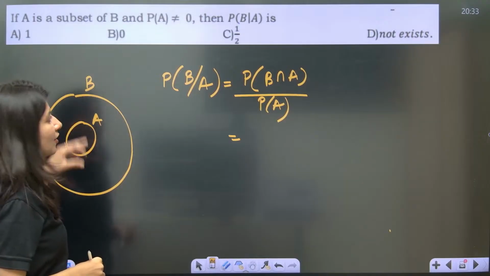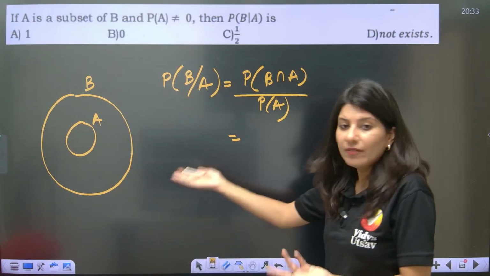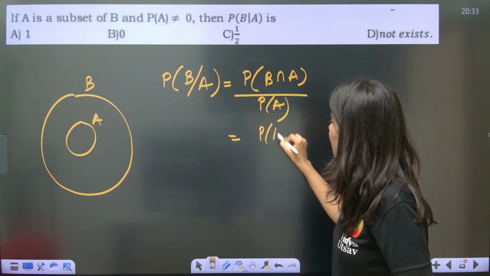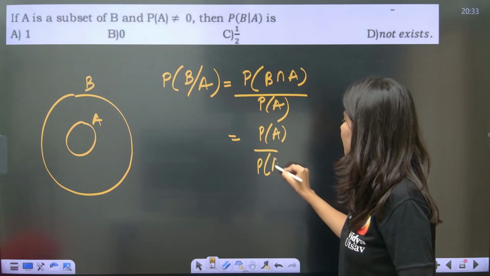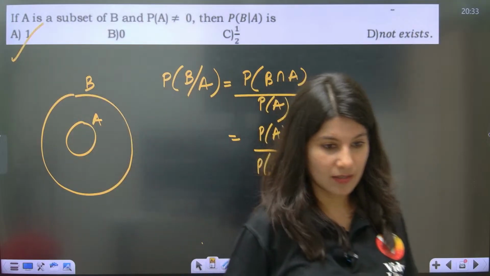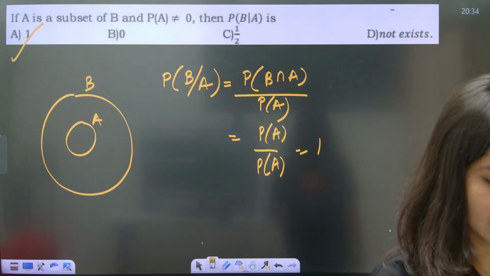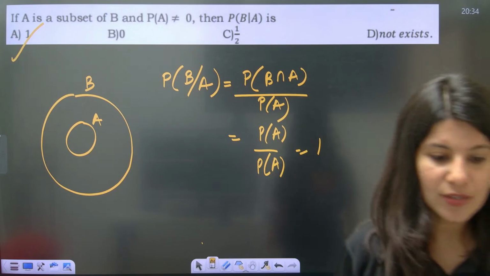So the common area of A and B will be nothing but probability of A only. So this is 1. The correct answer is option A.